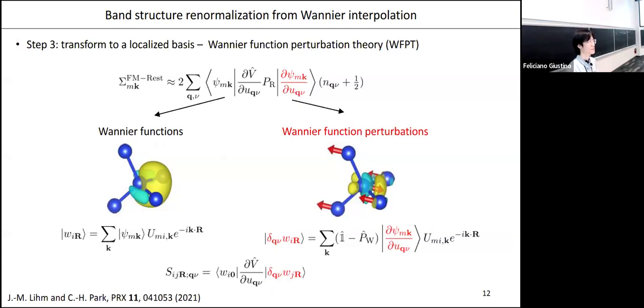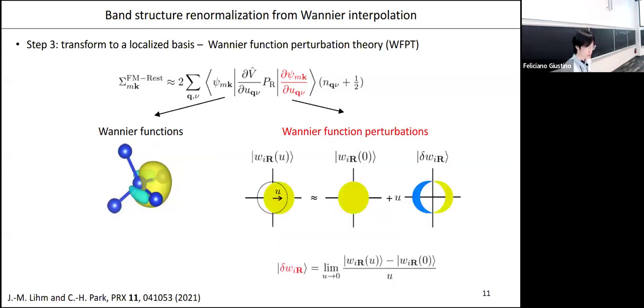Hi, I'm wondering how much displacement do you use to get the perturbation of the Wannier function, and also are they orthogonal to each other? Yeah, thanks for this important question. So we are not actually using any finite displacement to calculate these Wannier function perturbations. This is how we formally define these objects.